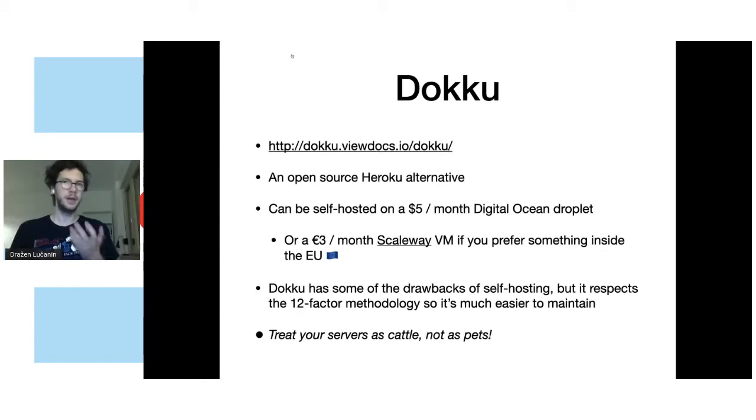Well, it's kind of a nice compromise. It's a bit cheaper. If you get a $5 DigitalOcean droplet, or in the EU, there's Kimsufi, which I use, you can get this kind of your own Heroku running, where you can run lots more apps.